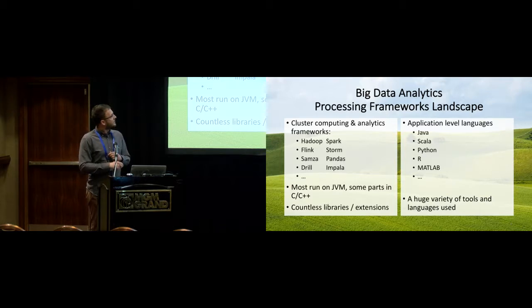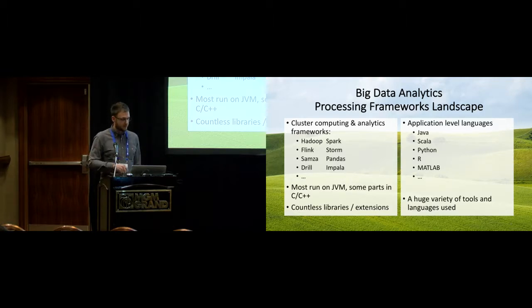Now, many of these frameworks are built on Java or Scala, for example, Spark and Hadoop. Some parts are written in C and C++, but this actually means that a lot of these frameworks run on a virtual machine. In this case, a Java virtual machine, which I will use as an example when I give examples about how things are going internally.